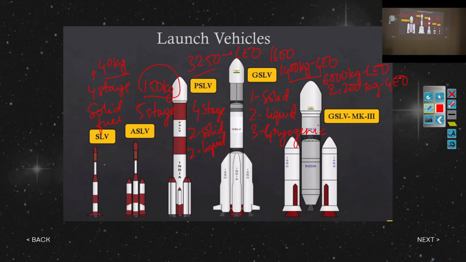In the first SLV, all 4 stages were solid fuel. All 4 stages solid, and payload 40 kgs to low earth orbit, LEO.